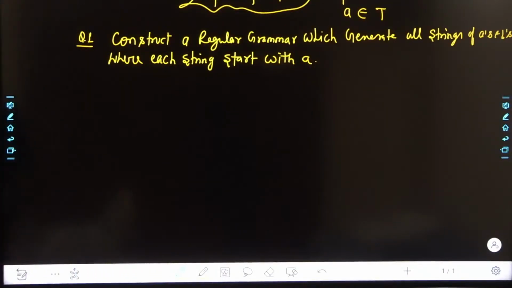So first you construct the language, then try to construct the grammar in the restricted right linear form.